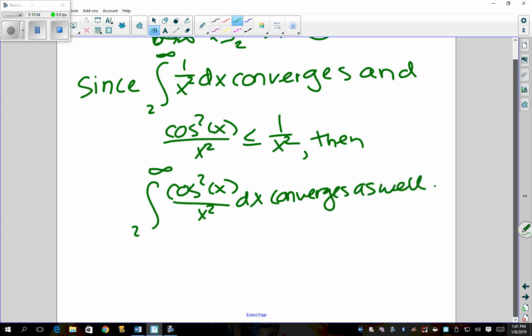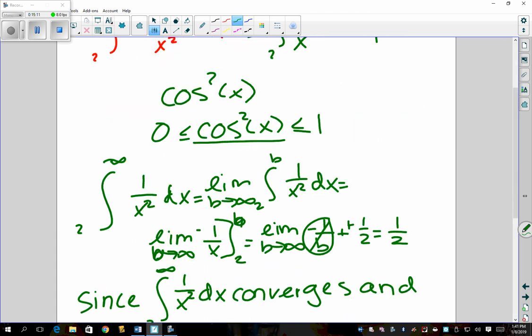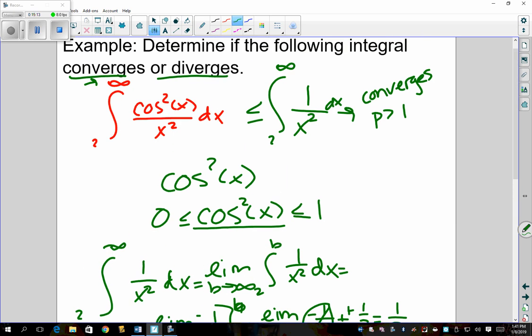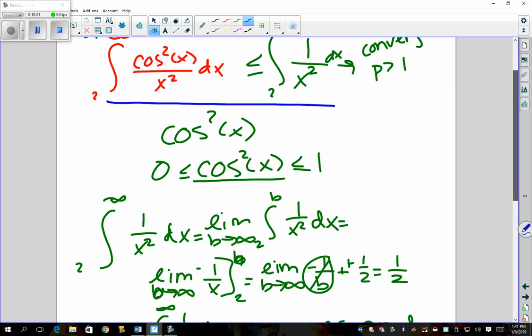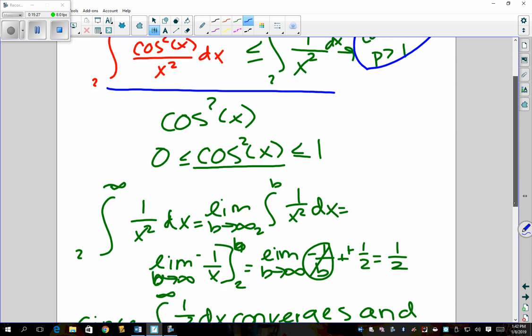So when you are writing out the explanation to this one, you need to make sure that you write out that one integral is greater than the other. If you can provide me that as a p-series, or we have already proved that it converges, then you may do that.